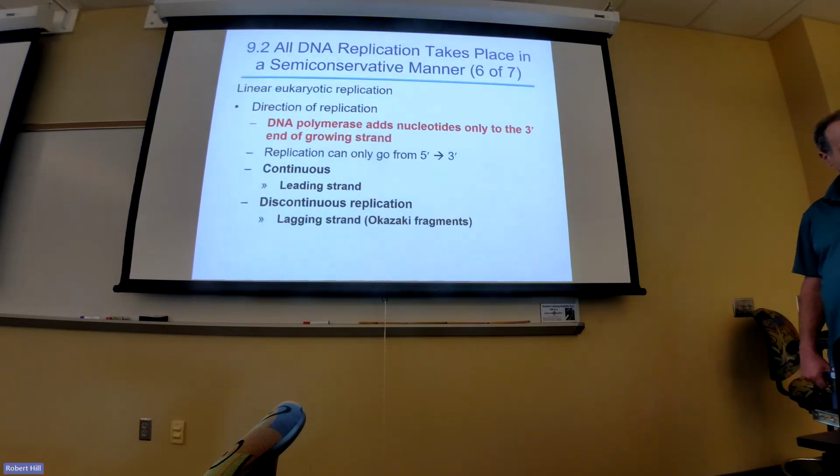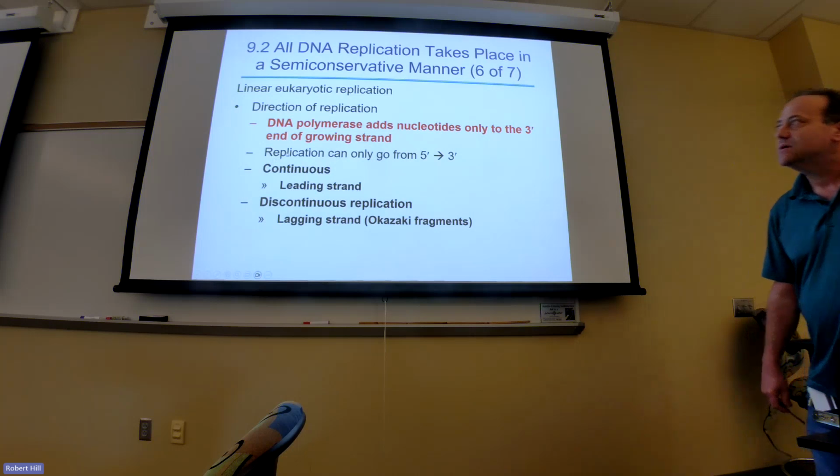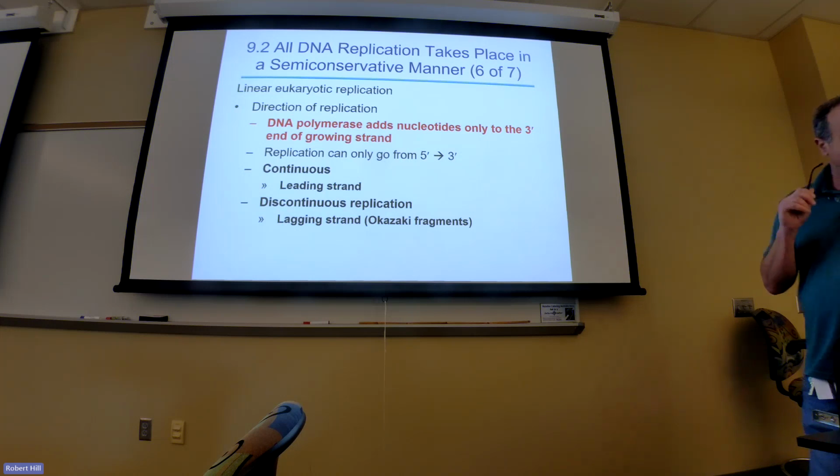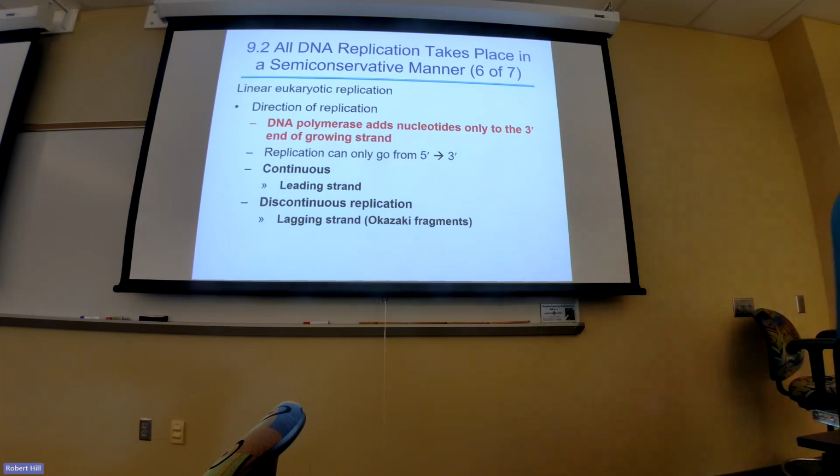Right, so replication can only go in one direction, 5' to 3'. That's true in both eukaryotes and prokaryotes, all living systems. So if you split the DNA molecule and start to synthesize on one strand and also on the other, take our DNA and we open it up.